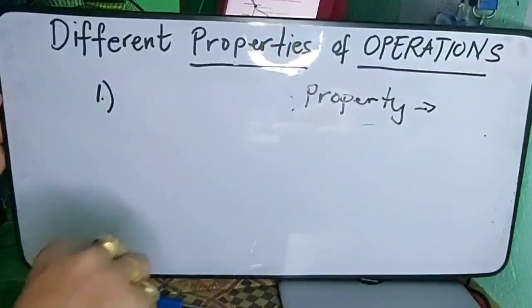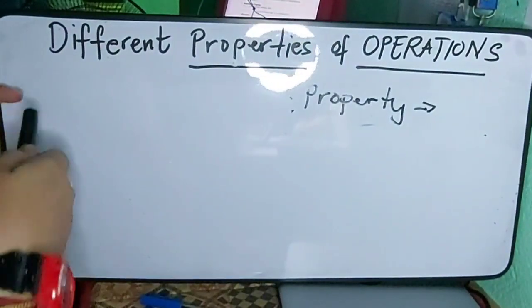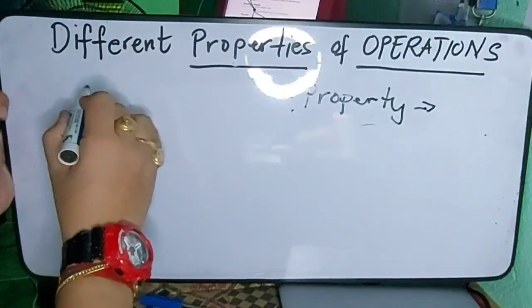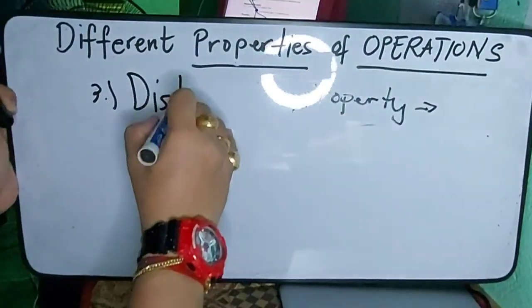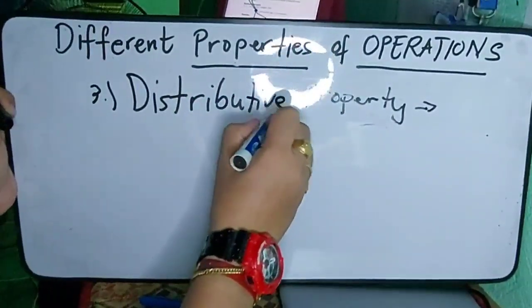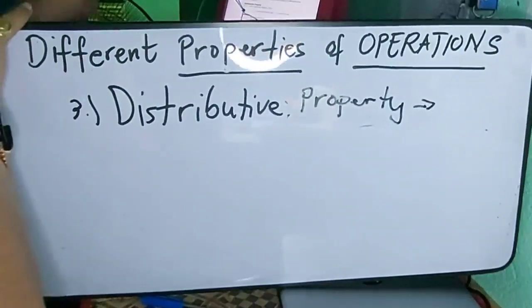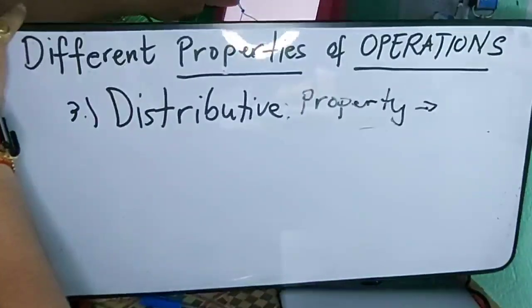Okay, so the third one, we have number 3: distributive property. So what is distributive property?